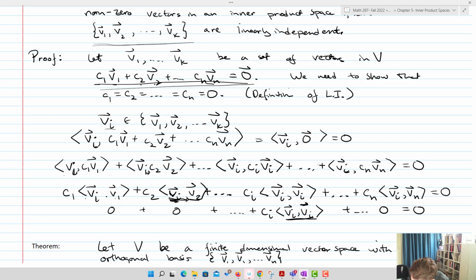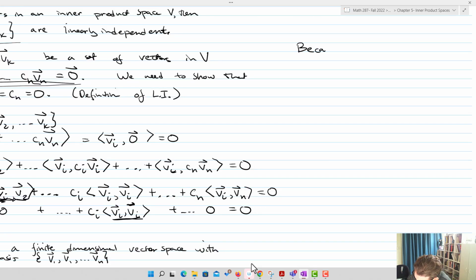Well, remember that vi dot vi cannot equal 0 if vi does not equal 0. This means ci must equal 0.